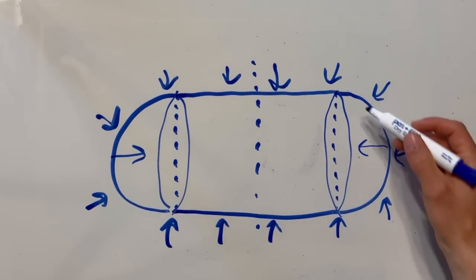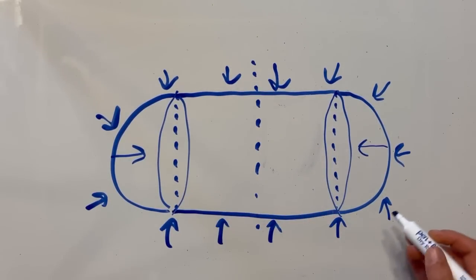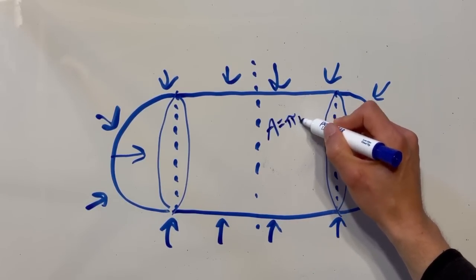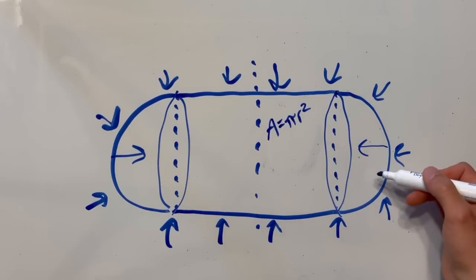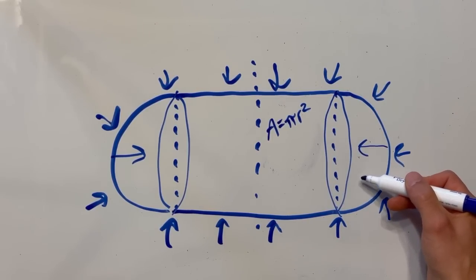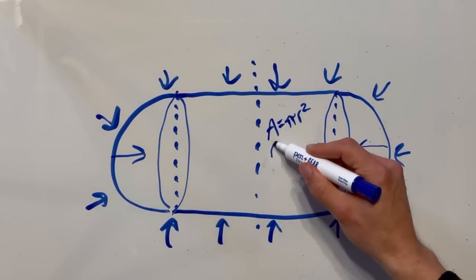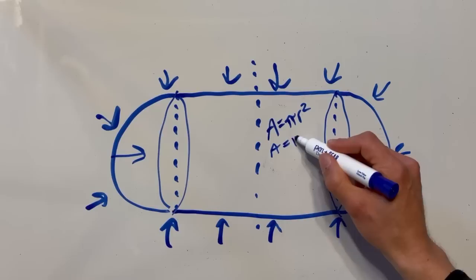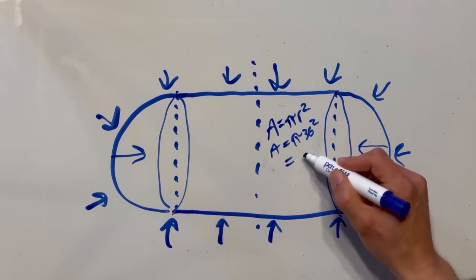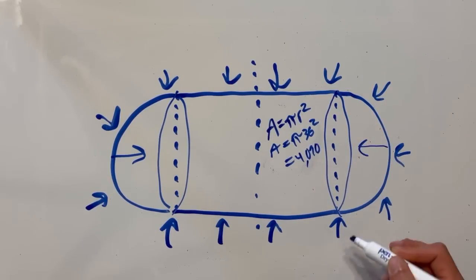And all we need to do is know what the area of the circle is here and the area of the circle is here. And we know that the formula for the area of a circle is pi r squared. And in the previous video, we estimated that the diameter of the pressure vessel was probably 6 feet. So the radius would be 3 feet. And if I convert that to inches, area is pi times 36 squared, and that equals about 4,070 square inches.